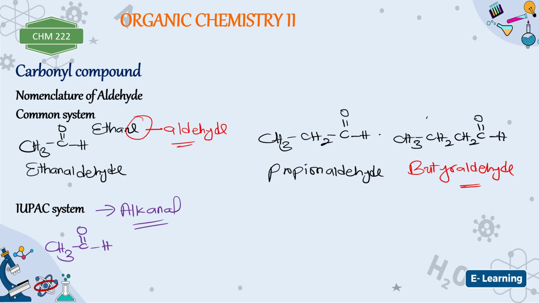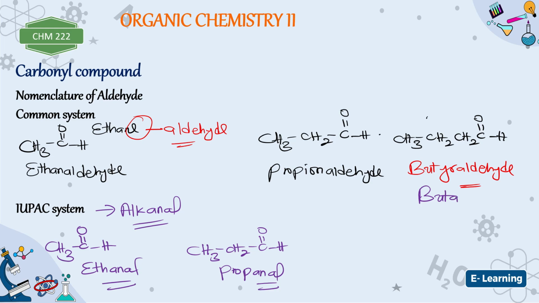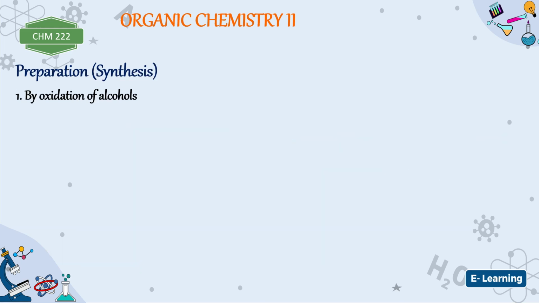This compound, you call it propanal. Then that of butane, you call it butanal for the IUPAC nomenclature. It's not something that is very, very hard for any one of us to do.